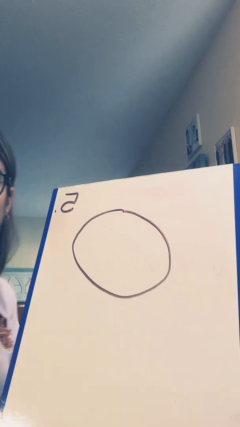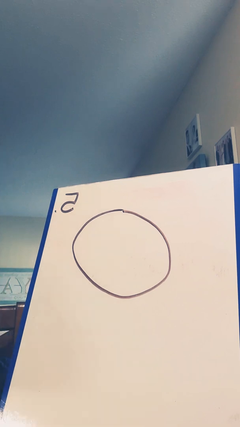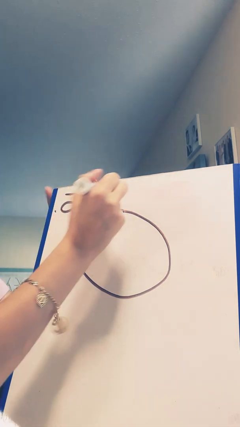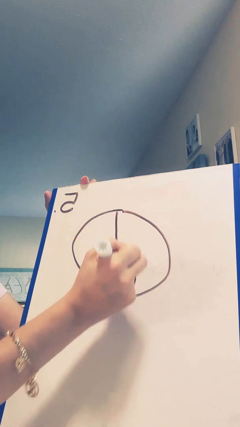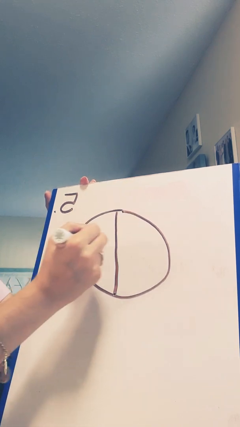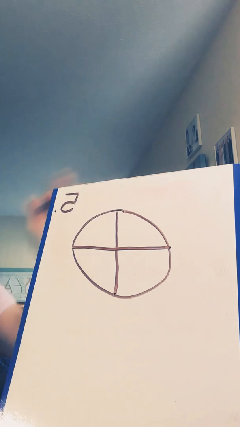Okay, guys, so if you press play, that means you're ready for me. Okay, we're going to do number 5. Here's our circle. We have to first draw to show fourths. Okay, so I'm going to do my T, because that's the only way to show fourths in a circle. So I showed my fourths. If you did that, good job. Now, I'm going to color a fourth of the shape.